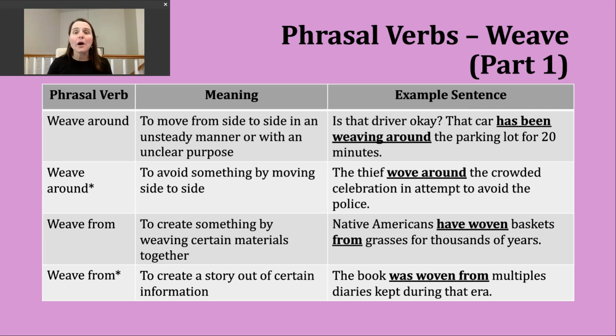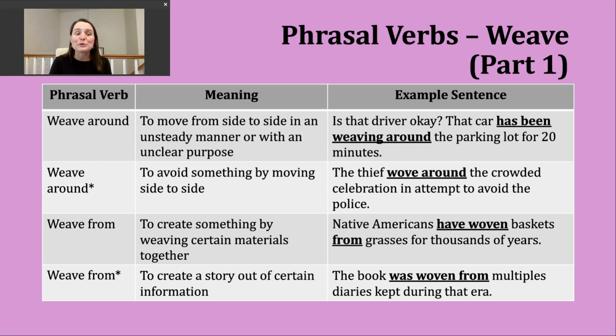Here's an example of the present perfect, describing something started in the past. This action still continues today. And this is a true statement. So it doesn't have to be fabric or thread that we're connecting, but we can combine things like grasses to form other objects.